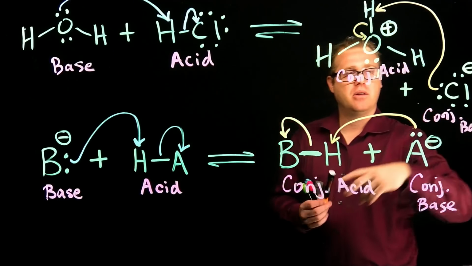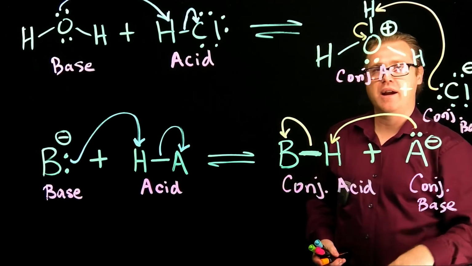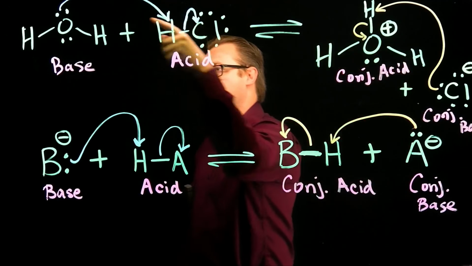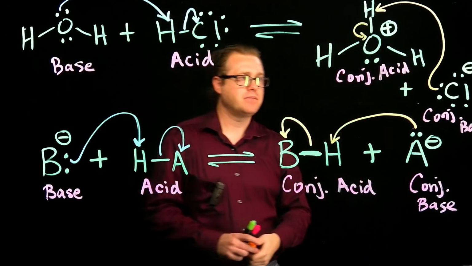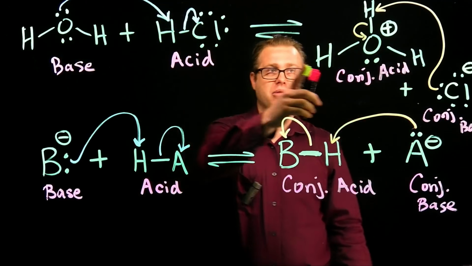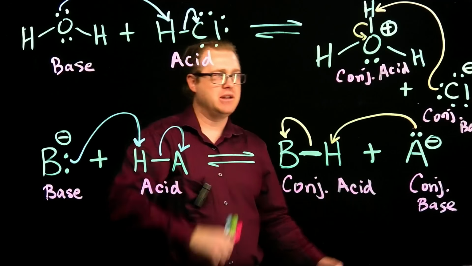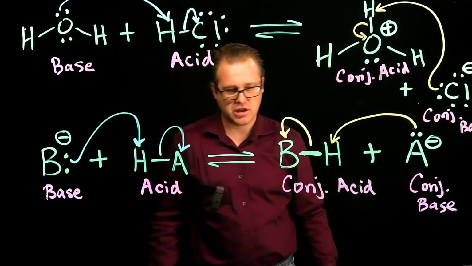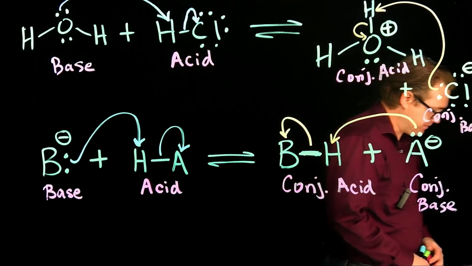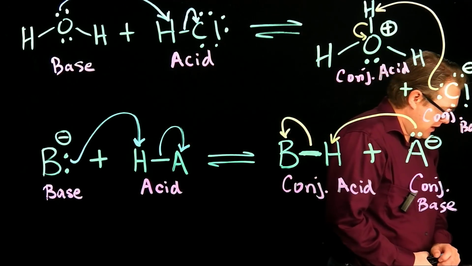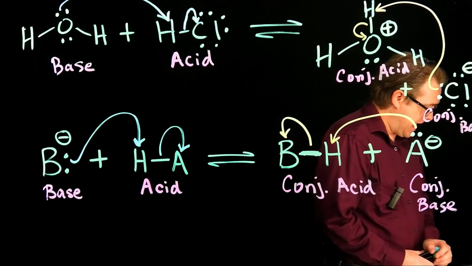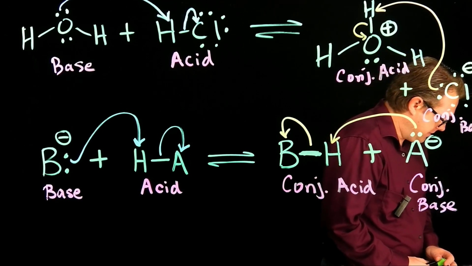So when you look at the orange curved arrows, you can see we are going back over here. And that is an equilibrium process. So the forward reaction and the reverse reaction can happen. Let's take a look at another example here.